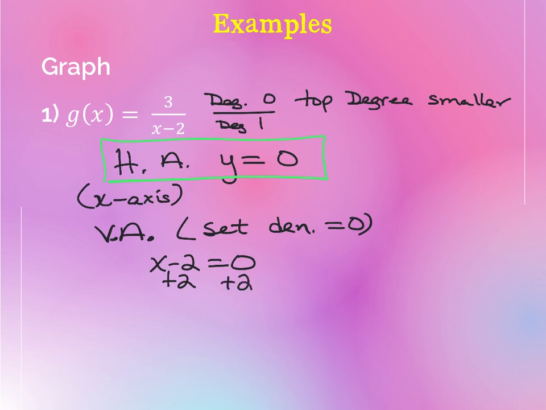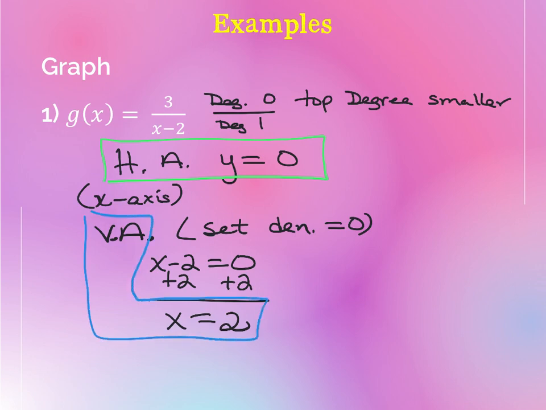I'll add 2, and I have a vertical asymptote at x equals 2. And again, this is a vertical line, and the equation for that vertical line is x equals 2. Now, my first step should have been to simplify. I did not need to simplify this, so it was already in simplest form, so that's why I went right to step 2, which was to find the asymptotes.